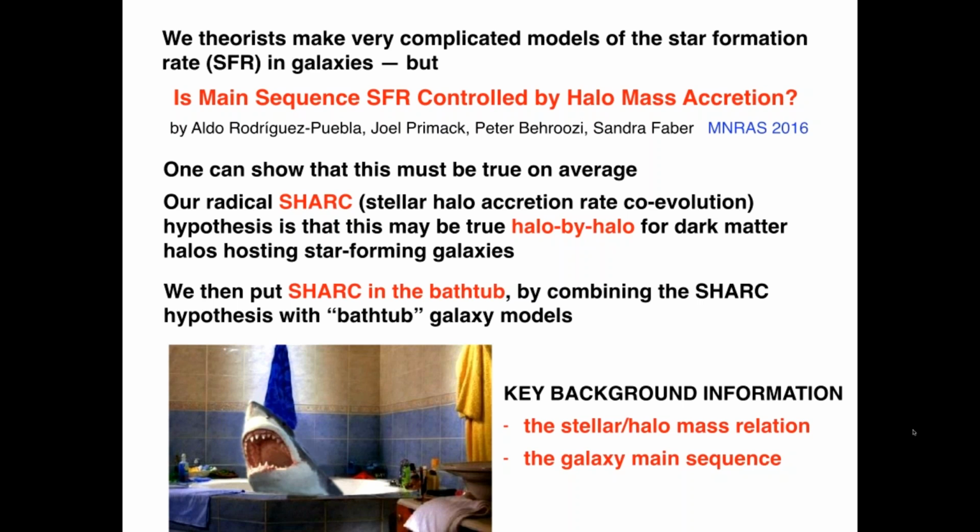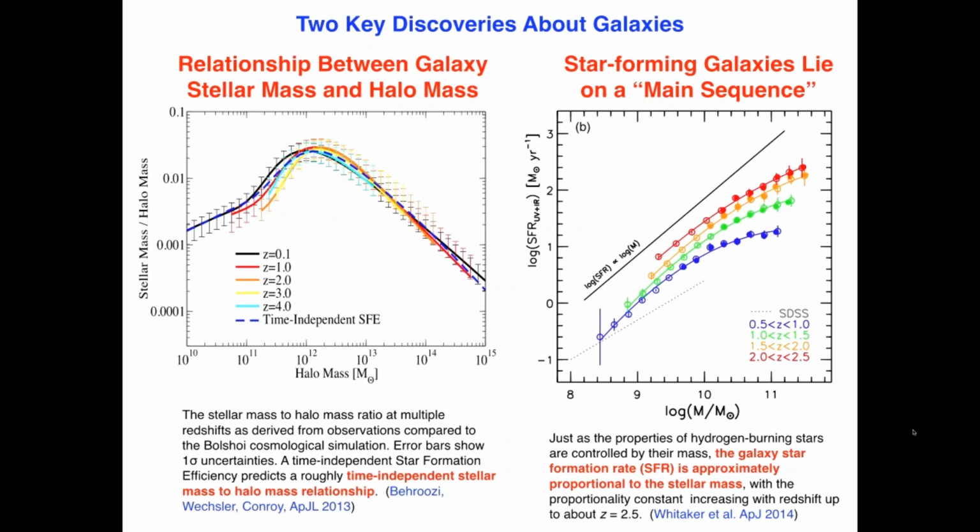The left panel is the relationship between the galaxy stellar mass and the halo mass of a galaxy from what we call abundance matching. Many groups have done this. This is the version from Behroozi, Wechsler, Conroy's ApJ Letter 2013. Their point was that the different redshifts result in slightly different stellar to halo mass relations, but there really isn't that much change from redshift 0 out to redshift 4.